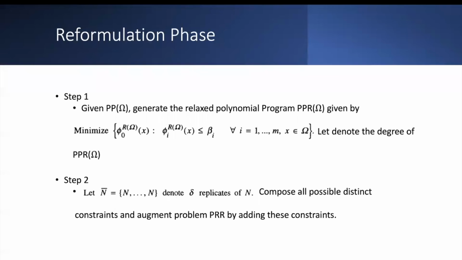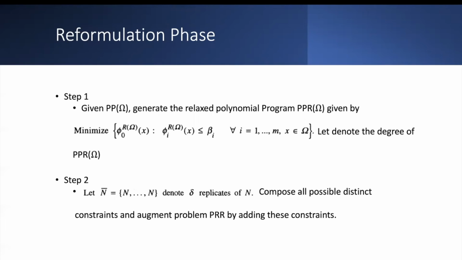There are two steps in the reformulation phase of this algorithm. In step 1, given a polynomial program, generate the relaxed polynomial program given by the equation shown. Let delta denote the degree of the relaxed polynomial program. For step 2, let n bar denote a replication of n.